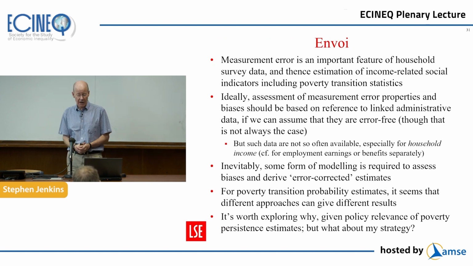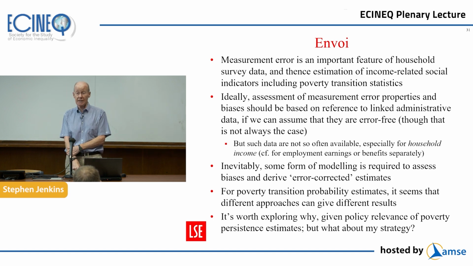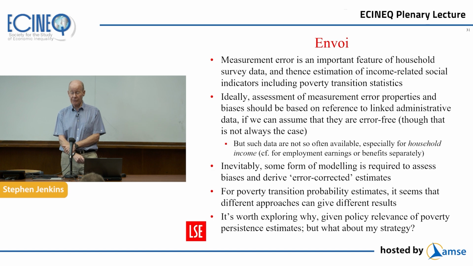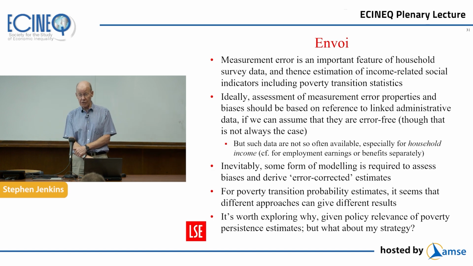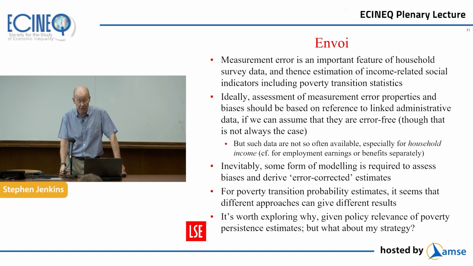So just my final remarks. Where I started is that measurement error is important, in particular for social indicators, the big social indicators of the sort that were talked about earlier today, and including poverty transition statistics. Ideally, it'd be great to have administrative data linked to the survey data so we could do this properly, even if we could assume that the admin data were error-free, but that's not always the case.